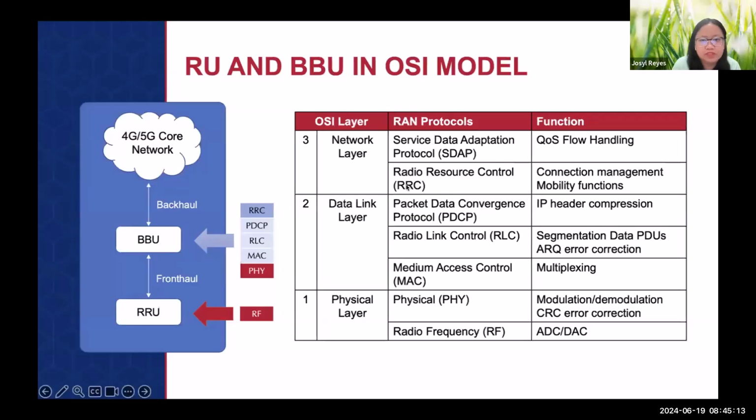So if we compare the RAN protocol stack to the OSI layers, usually the RAN protocol stack is only from layer 1 of the OSI model, the physical layer, to the data link layer, and then the network layer. This is very similar, if you're familiar with, for example, switches and routers. Switches only reach until layer 2, but they perform different protocols, and it's not the same set of protocols.